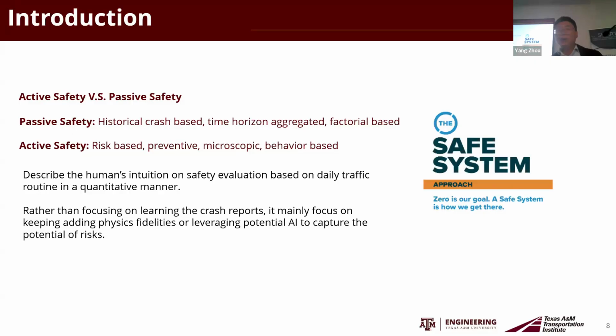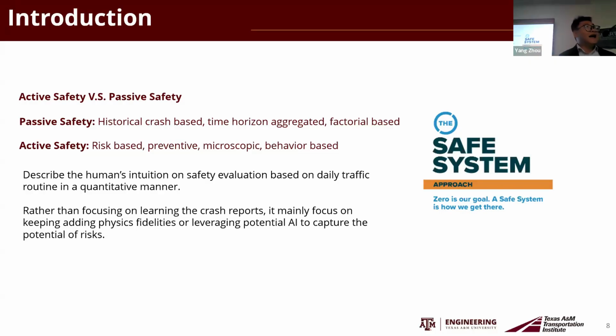So from my personal perspective, active safety describes, in a quantitative manner, the human intuition based on our daily traffic routine. For example, if you travel on a road, even if you know nothing about whether a crash happened there before or not, you still have a feeling of whether the road is safe to travel or not, right?